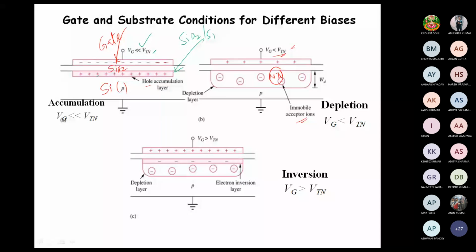That is what it is showing. And if Vg is greater than Vtn, then we have a thin electron layer, and there is also a depletion region in which acceptor ions are present.